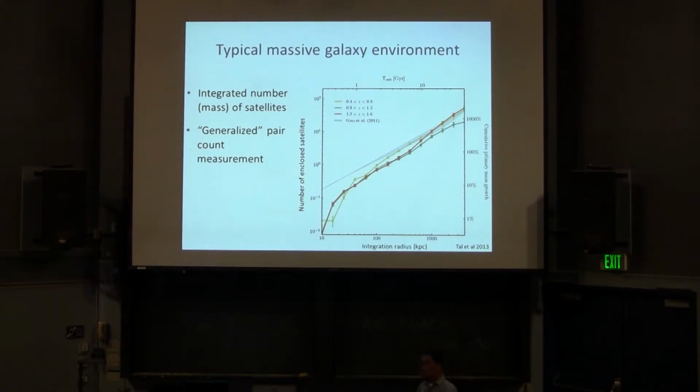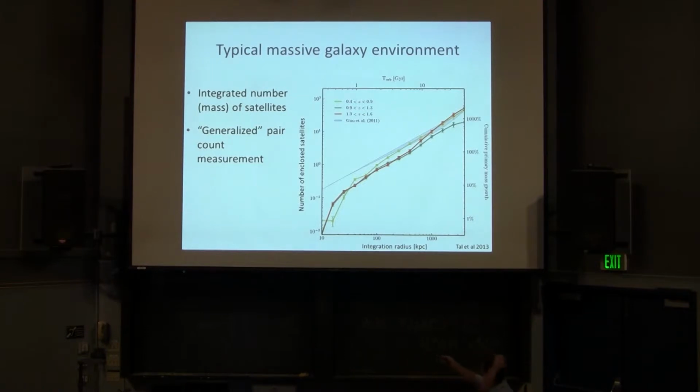The first thing you can do is play a pair count statistic game: if I go to 30 kiloparsecs, which is what often is done with pair count measurements, what fraction of these centrals have a massive satellite within a mass ratio of 1 to 10 within those 30 kiloparsecs? And you see that it's 20%, which is completely consistent with pair fraction estimates.